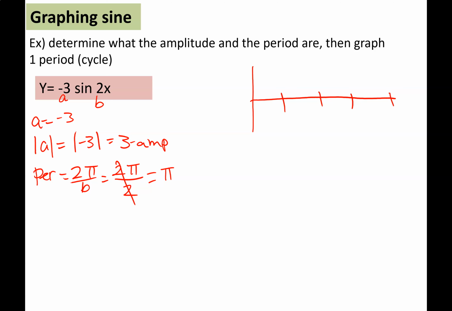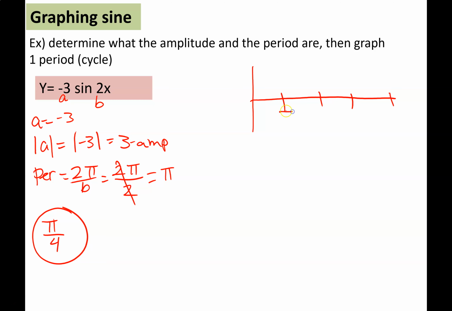So in order to do that, we're going to take the period, which in this case is pi, and we're going to divide it by 4. Each one of those markings will be pi over 4 distance away.